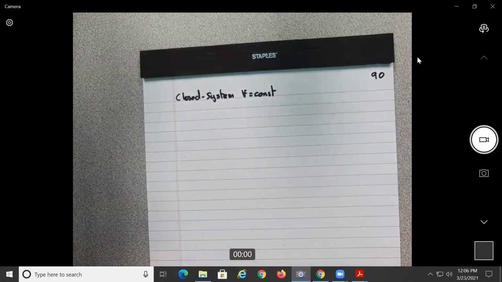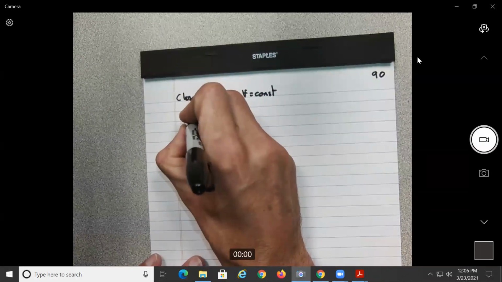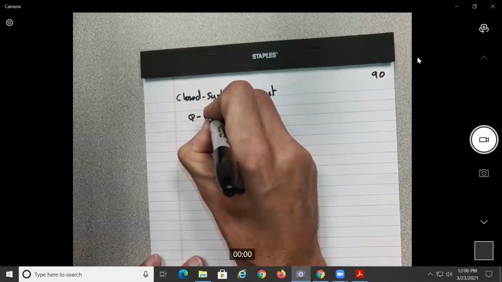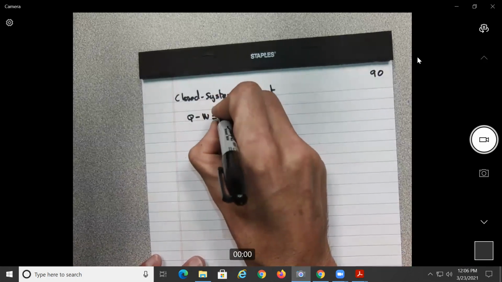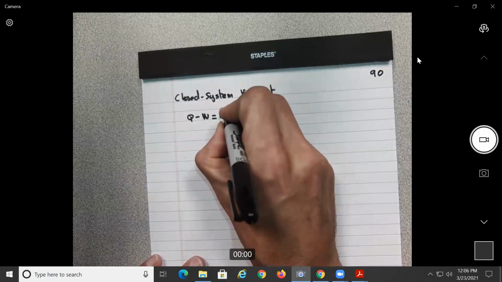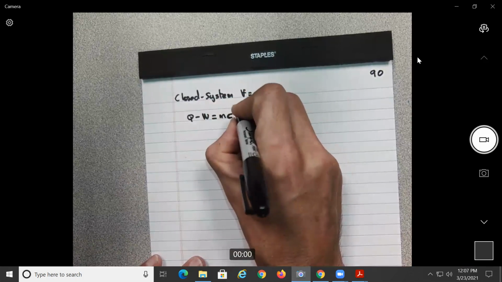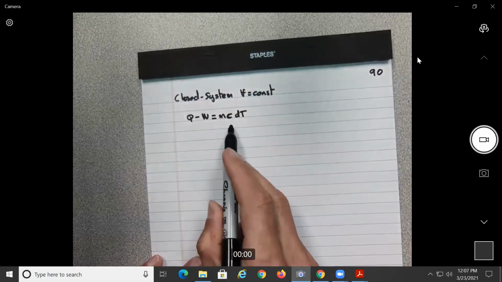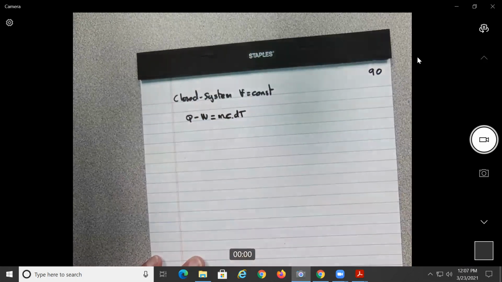Okay, so now, recalling the first principle of thermodynamics, Q minus work, in our case, would be equal to M C dT. This should be the delta U. Okay, it's not M sub C, it's M multiplied by C multiplied by dT.